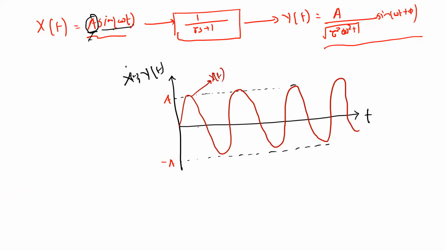This one will be 0, and this one is pi, 2 pi, 3 pi, 4 pi, 5 pi, and so on.